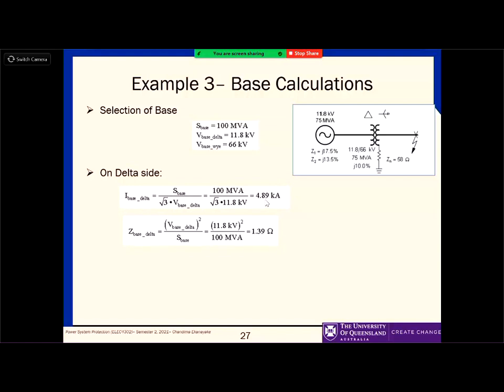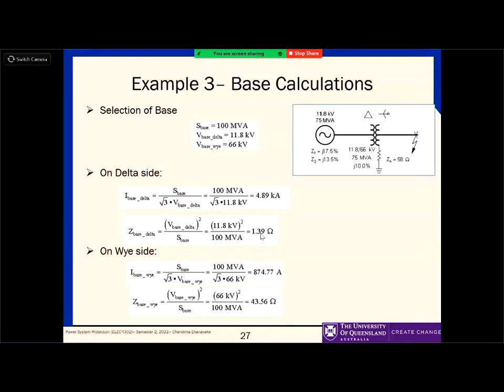Z base is V base squared divided by S base. 11.8 squared divided by S base, which we took as 100 MVA, gives 1.39. For the Y side, we repeat the same, and you can calculate the Z base value here. So now we know all base quantities for the delta side and the Y side, right?